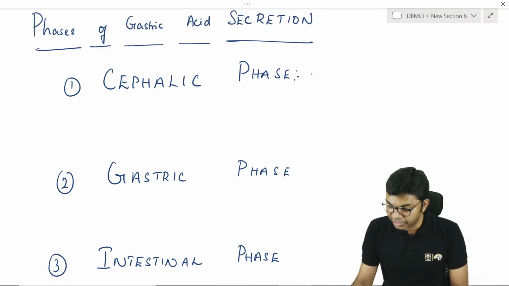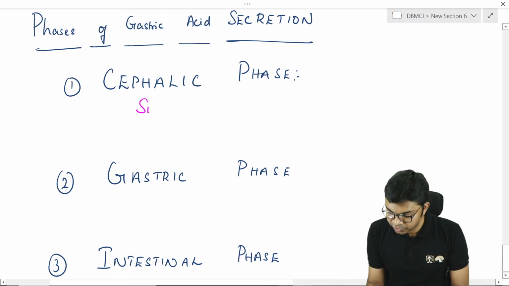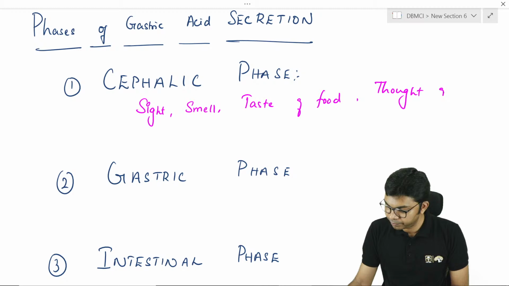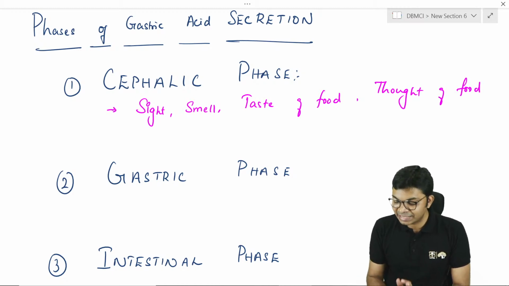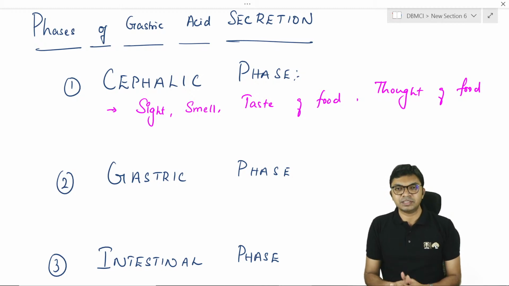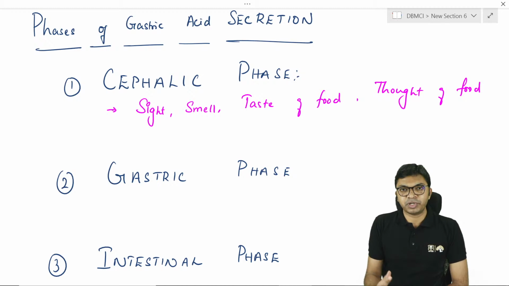Cephalic phase of acid secretion is because of the sight of the food, smell of the food, taste of the food, as well as thought of the food. Because it is purely cerebral, the acid production occurs well before the content reaches the stomach.